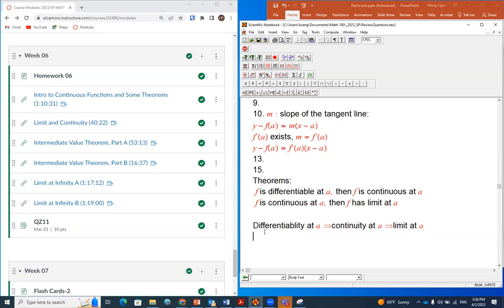In other words, differentiability at a guarantees continuity at a, and continuity at a implies limit at a. So differentiability guarantees the latter two.